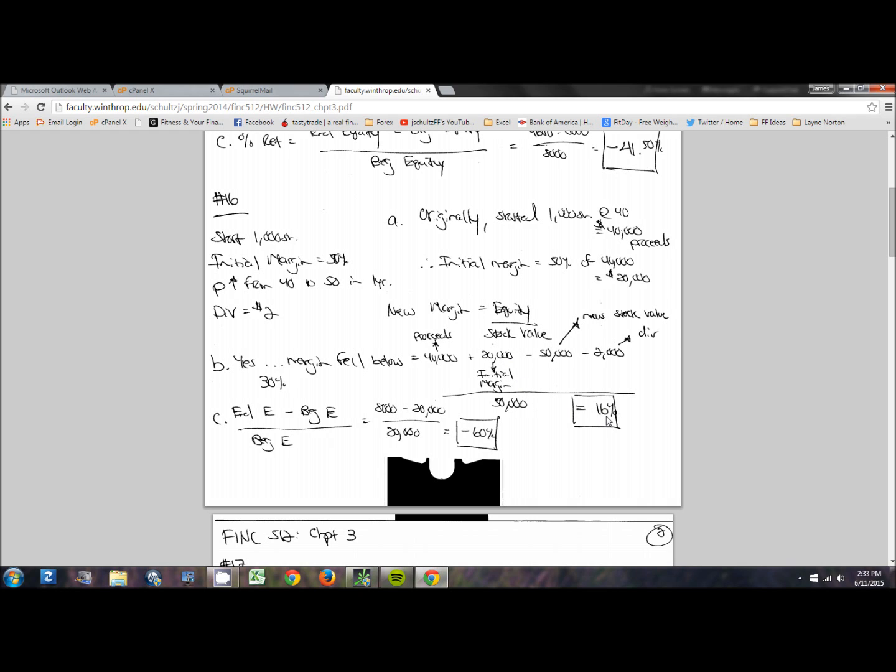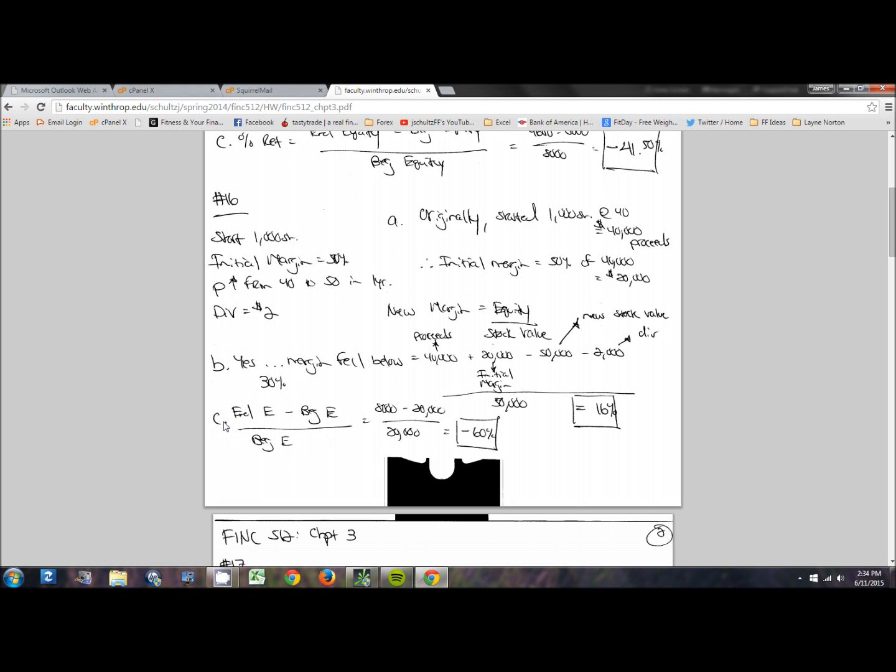So $8,000 divided by $50,000 is 16%. So will you receive a margin call? Yes. The maintenance margin in the problem was given at 30%. In fact, you would have received a margin call way before this, probably around 47 or 48. You can solve for it using the same concepts and tools that you learned in number 23.